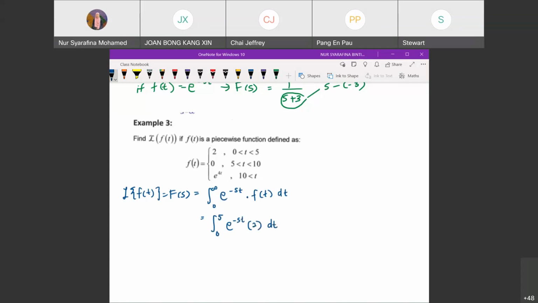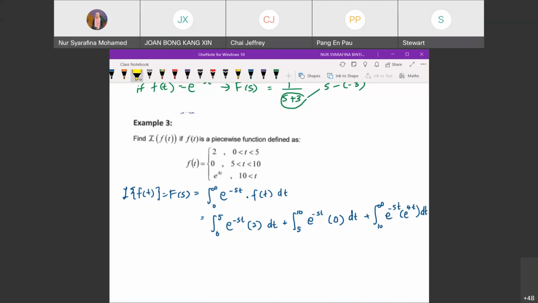Then we move to the next function, from 5 to 10, exponent minus st times 0 with respect to t, and from 10 to infinity, exponent minus st times exponent 4t with respect to t. So this is how you transform this piecewise function one by one according to the limit.